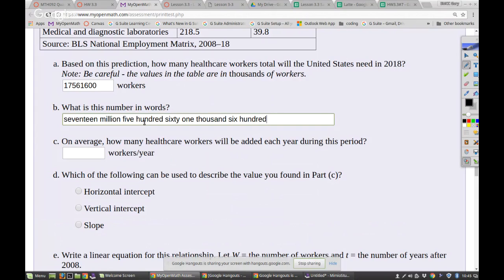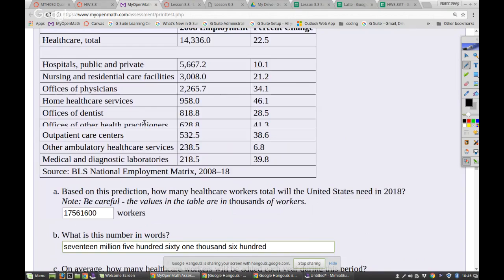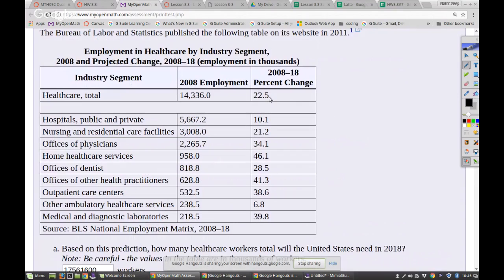So there's two ways to answer the next question. For those of you who did just calculate 22.5% of 14,000, that's the increase over 10 years. Otherwise, we have to subtract our 14 million from the 17 million. That gives us a 10-year change. What do we really want here? Yeah, divide by 10 to get the 1-year change. So do some math, see what you think the change per year is on average. I'll do some math and we'll see if we agree.